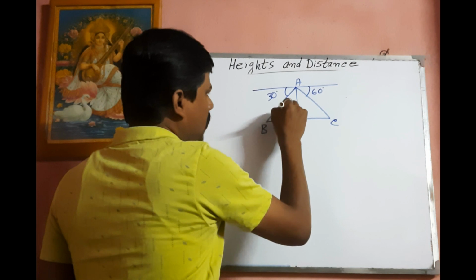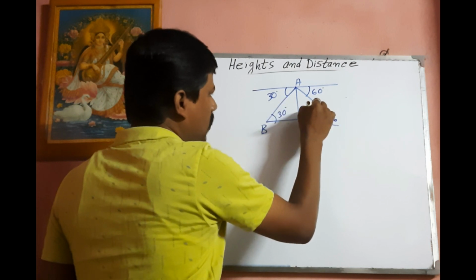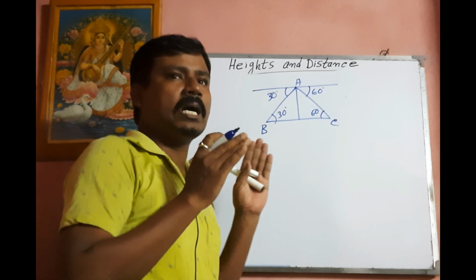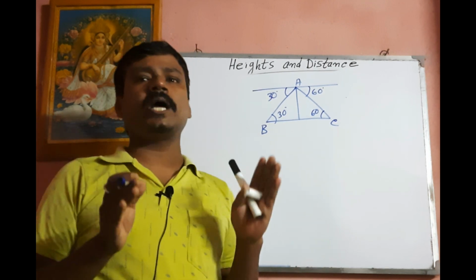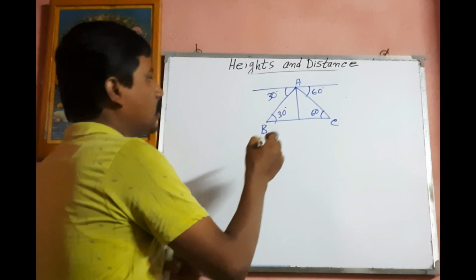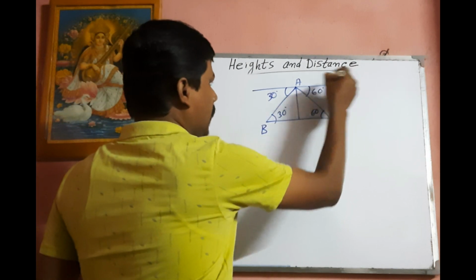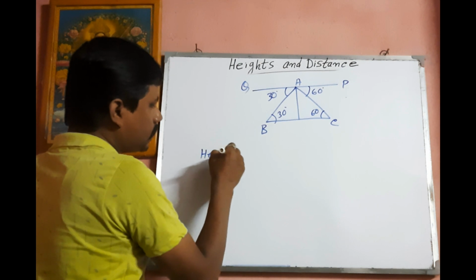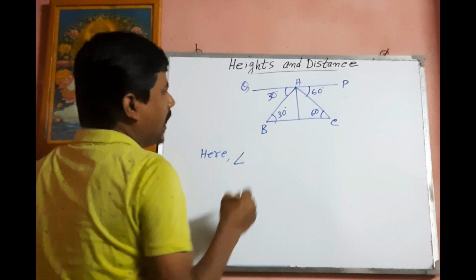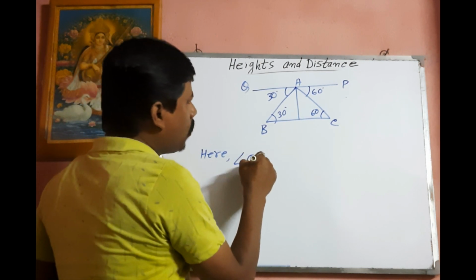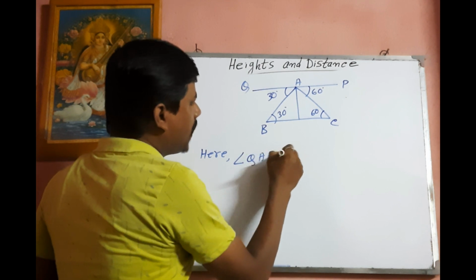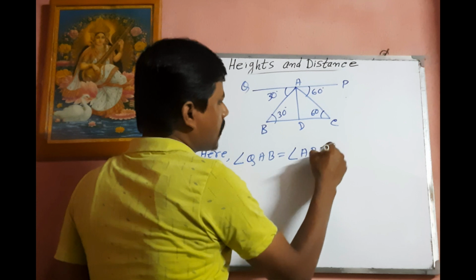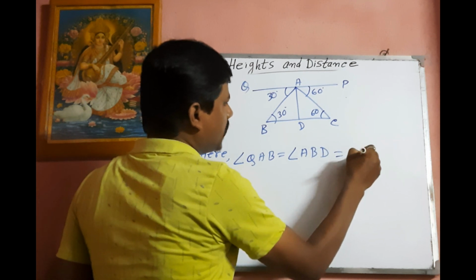This will be the 30 and this will be the 60 degree. Then we want to find the distance between the two points B and C. Here angle QAB is equal to the angle ABD, this one is equal to 30 degree.